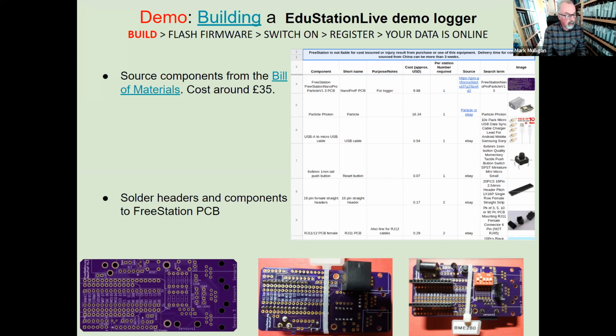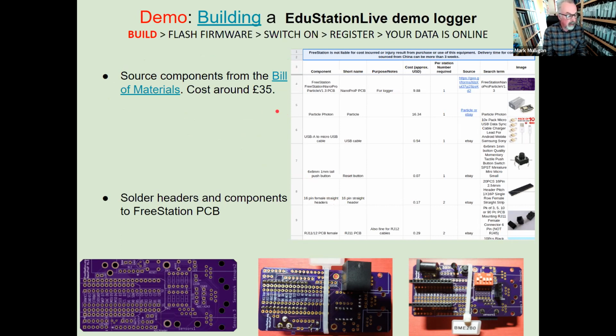You then need to switch it on, connecting it to power, and then it will register to the FreeStation website, which provides you with a number, the so-called F number or L number, which you can use to get to your data. So the first part of that is to source the components.